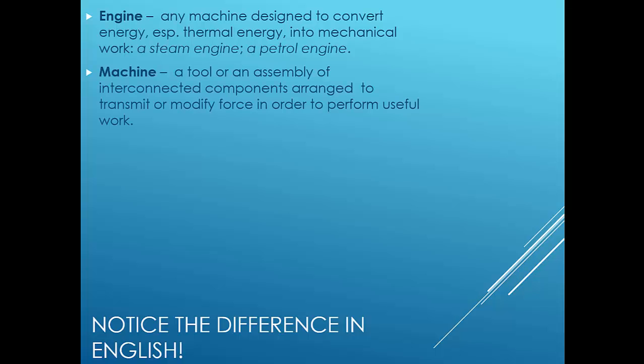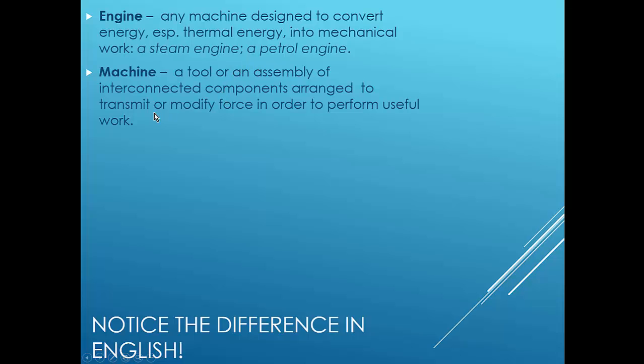Now, what's a machine then in English? A machine is a tool or an assembly of interconnected components or parts. Let's look at that. An engine could be as simple as a bullet. You've only got 3 parts: the actual cylinder, the gunpowder, and the bullet put together. It doesn't need to be complicated at all.